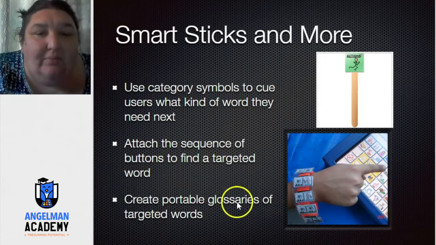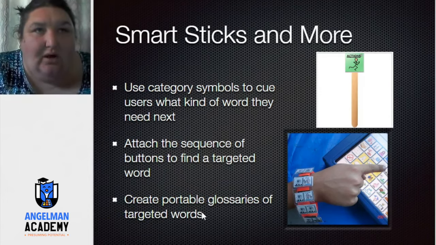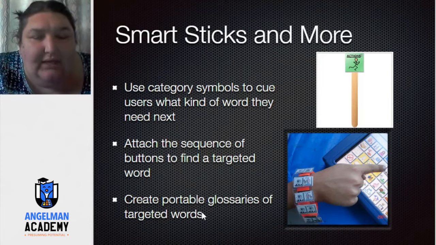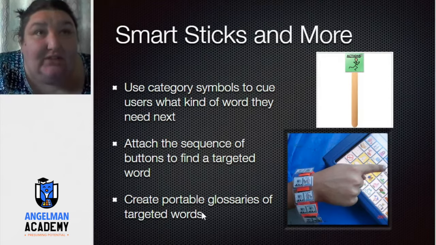You can also create portable glossaries of targeted words. A lot of classrooms do core word of the week or power word of the week, or a set of core words for each week or each month that they're working on. And one of the things that you can do is each word you target, you can have the kids make a page that has that picture symbol. It has a definition.